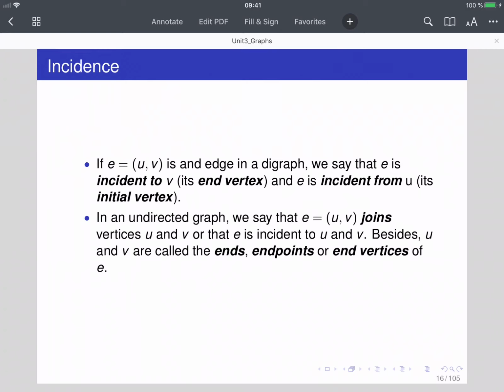We say that an edge is incident in a pair of vertices if those vertices are the elements that the edge is connecting.